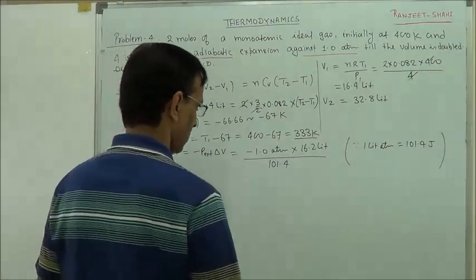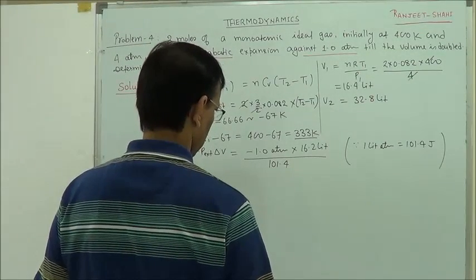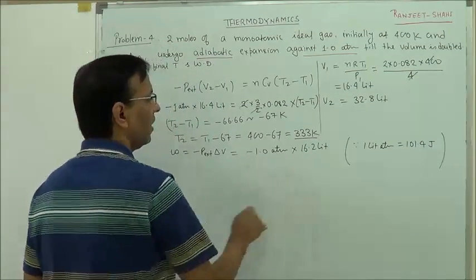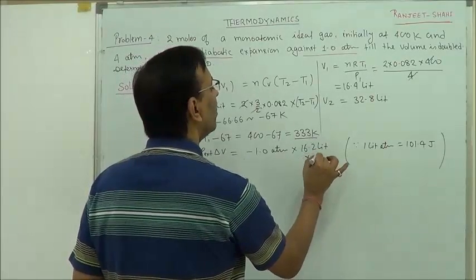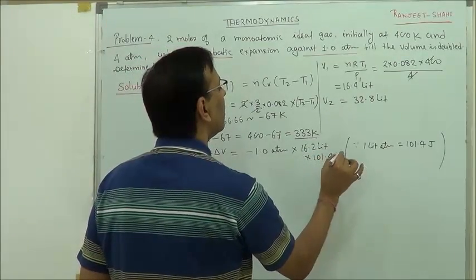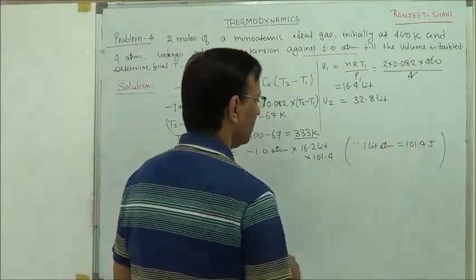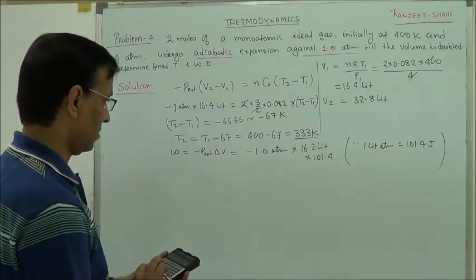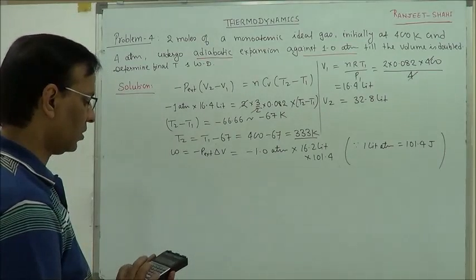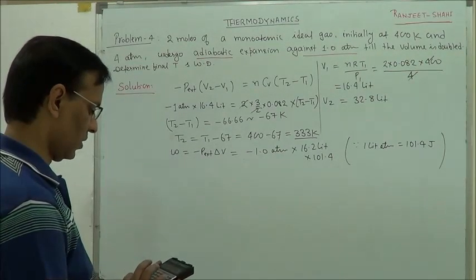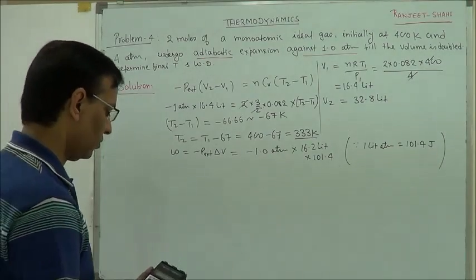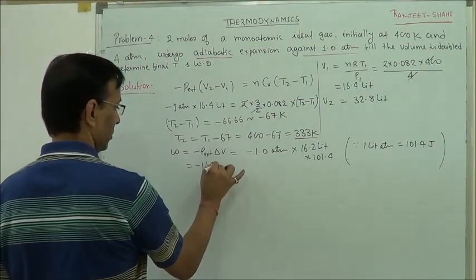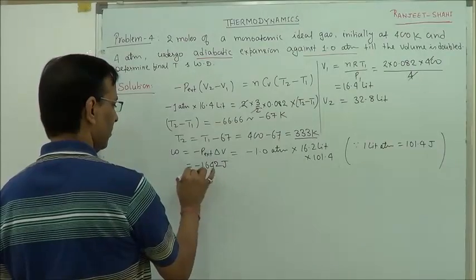So wait a moment, it will be multiplied, not divided. Multiply it by 101.4. 1 liter atmosphere is this much joule, so this much liter atmosphere will be 16.4 multiplied by 101.4, 1642, minus 1642 joule approximately.